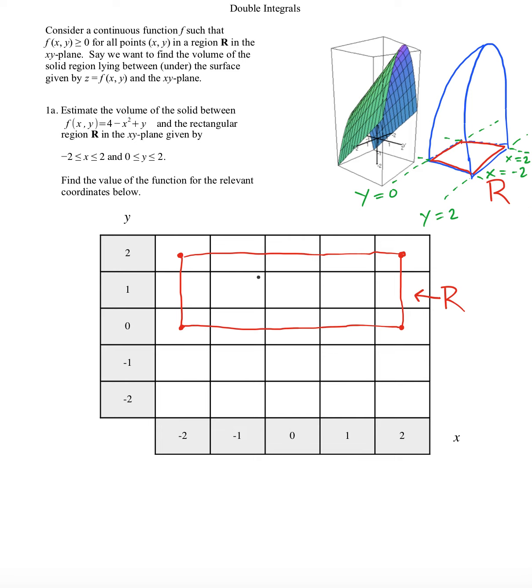There will be 15 boxes in all. And we'll take these points as the points with which to plug into the function and get a height.